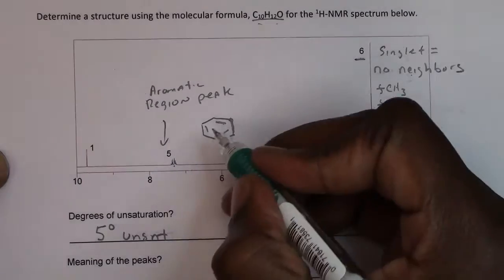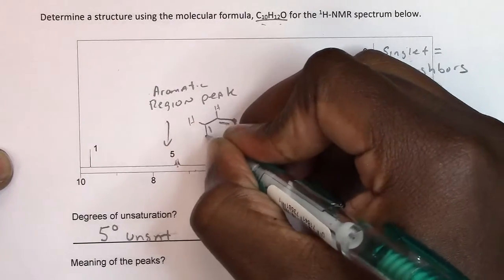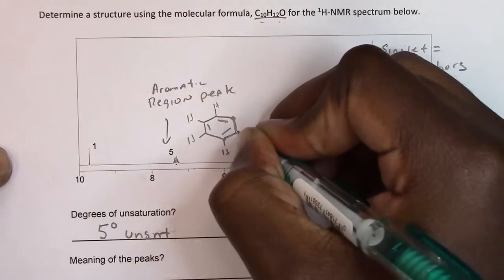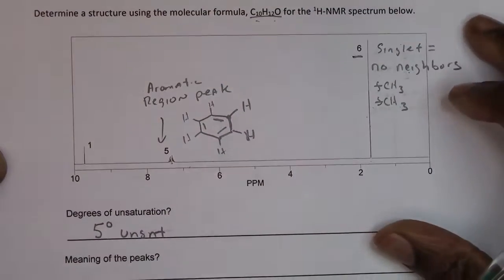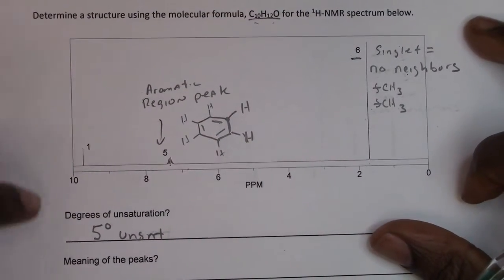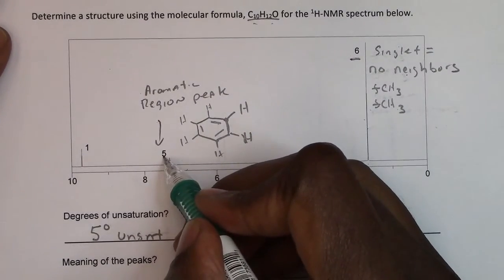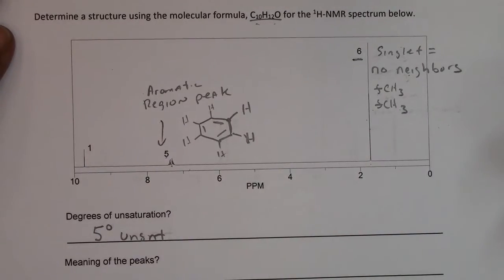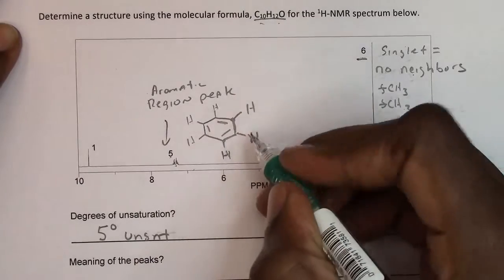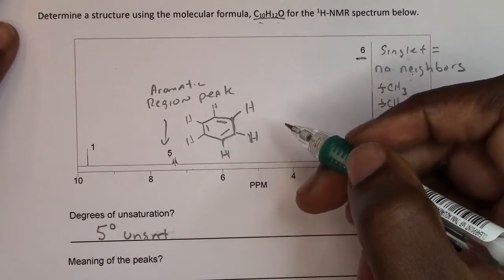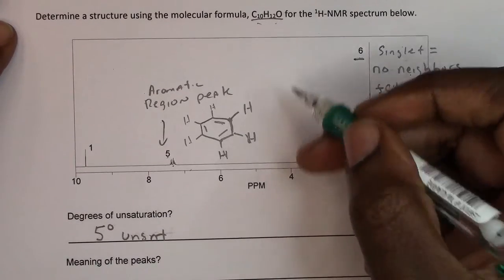Any one of the 6 hydrogens attached to this benzene ring can be removed and replaced with some substituent. If the ring is unsubstituted, there will be 6 hydrogens attached to the ring. Now count up the aromatic protons that we have. We have 5 aromatic protons, so we know there must be 1 substitution.